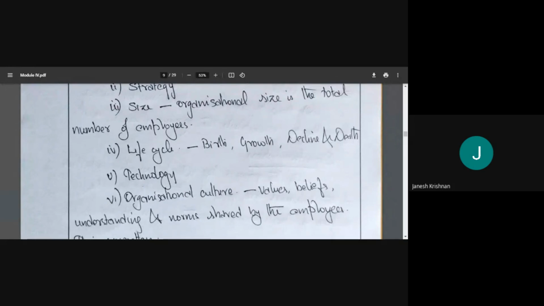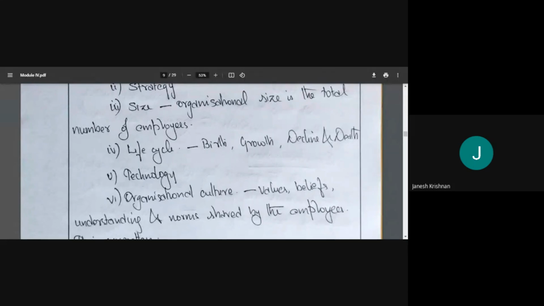Once it starts declining, the company will change some things, and it will again go for growth. It is not fixed as birth, growth, decline. A company may go through these four stages, but not necessarily in the same order. After decline, it may not be death.